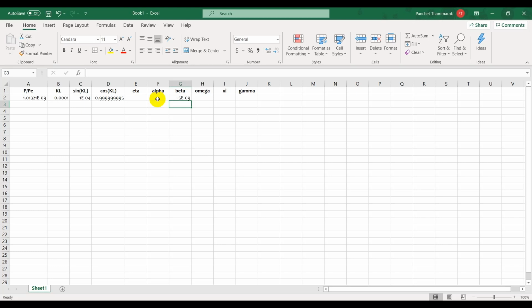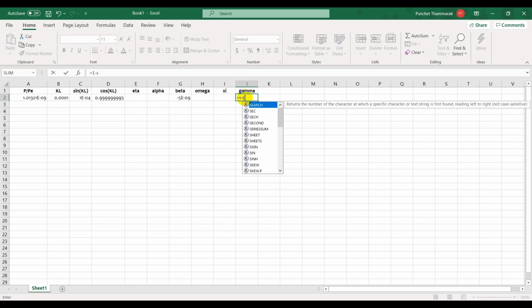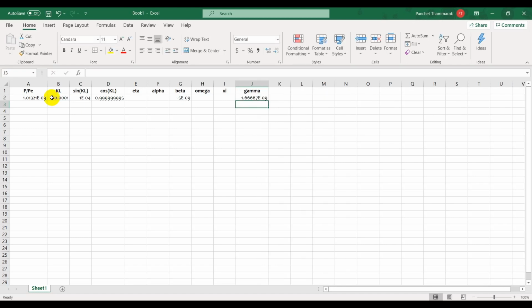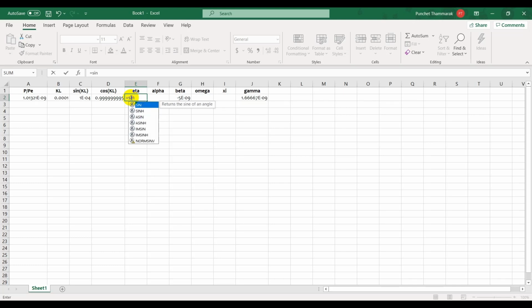Next, the gamma is equal to 1 minus sine KL, and then divide by KL. Then we get the gamma, and eta is equal to sine KL divided by KL. If something goes wrong, then it is very easy to track.